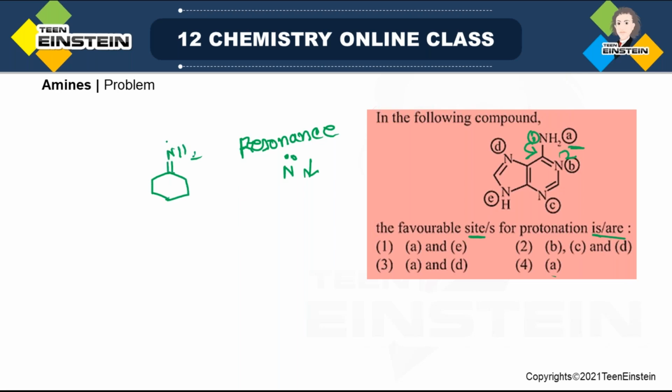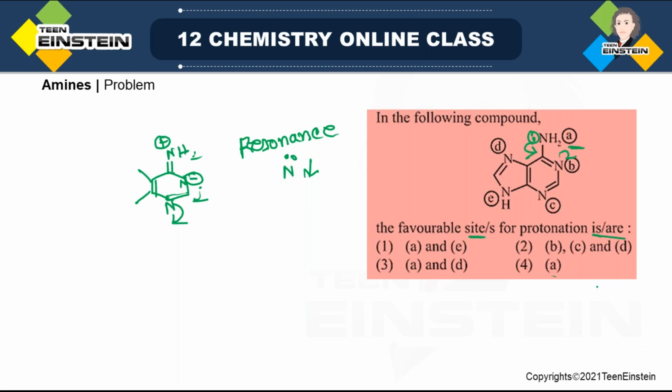Now NH2, this nitrogen is positive. This part I am not drawing, because I am drawing only the part which is involved in resonance. So now there is nitrogen and negative charge over nitrogen, and rest of the part there is no change, though further resonance also you can do, but important point is here resonance is present, so lone pair availability is less, so obviously A will not be very favorable site.